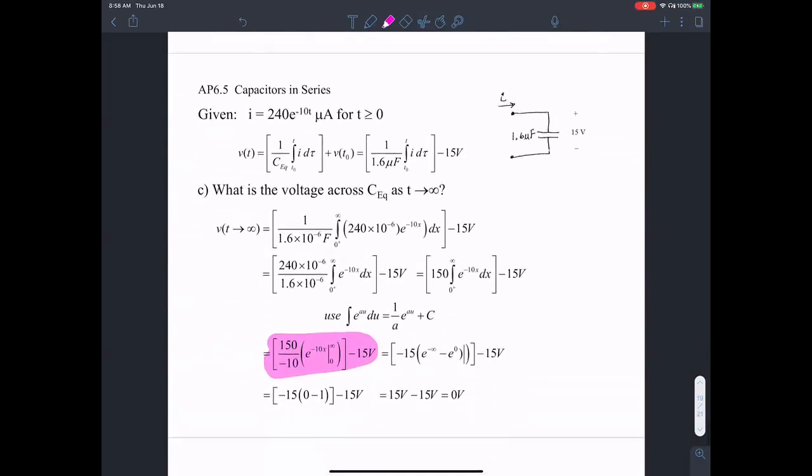So the question really is, what is the value of voltage across C equivalent as t tends to infinity? The first thing we do is apply 1 over C equivalent integral I of t dt. All of this is I of t, including this guy, dt. You do the integral of it, and you plug in t is infinity. When you plug in t is infinity, you get a value of 0.